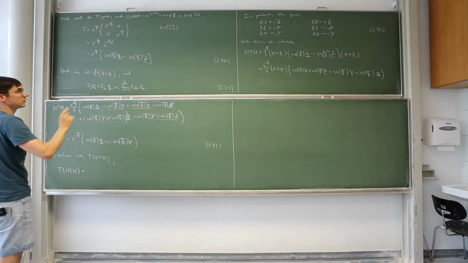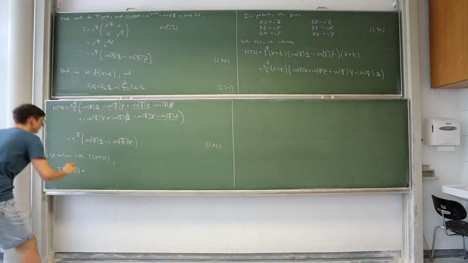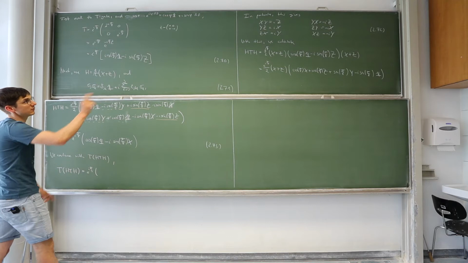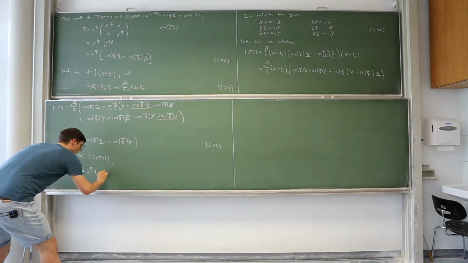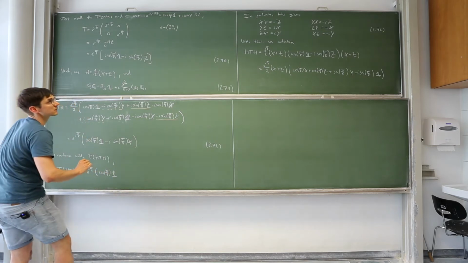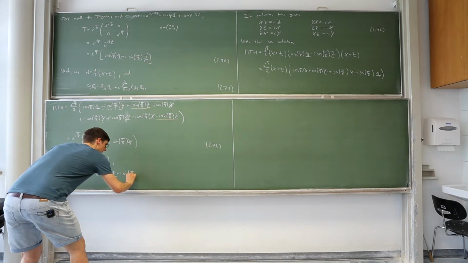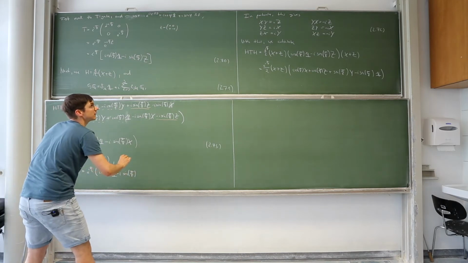T was e to the i pi over 8, and with this e to the i pi over 8 we get e to the i pi over 4 times, and the T was then cosine pi over 8 identity minus i sine pi over 8 times z.